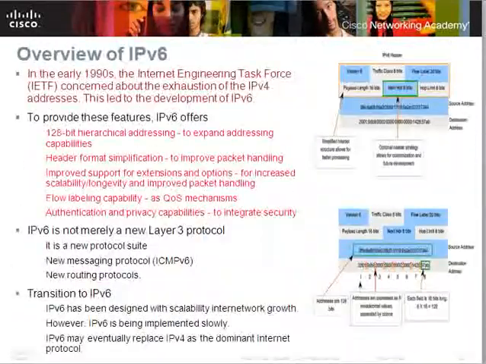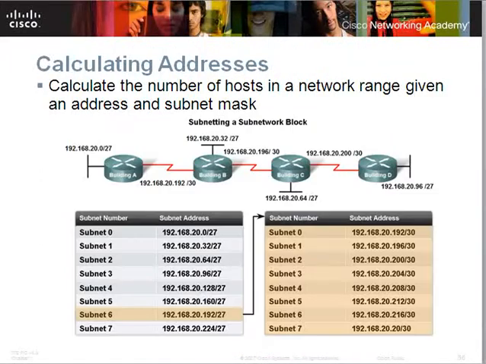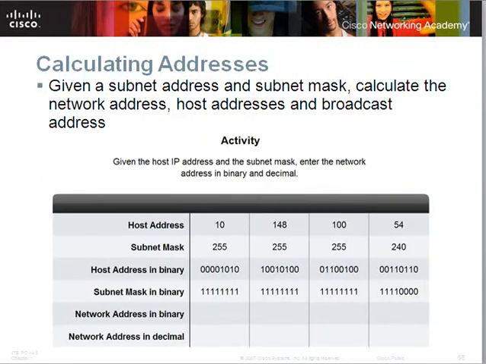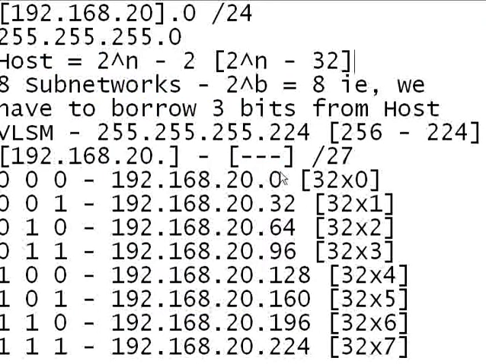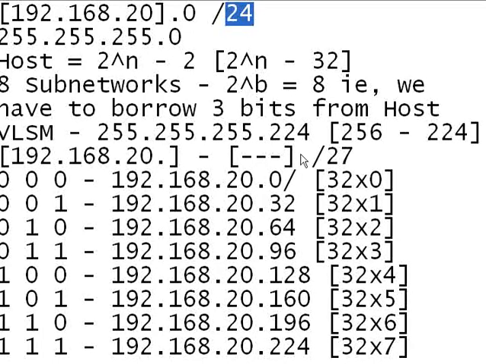Why will it all be /27? Because you had 24, now we are borrowing 3 bits, so it's all /27. So you can write, this is /27, remaining all will be /27. So this is how you are creating the subnetworks.